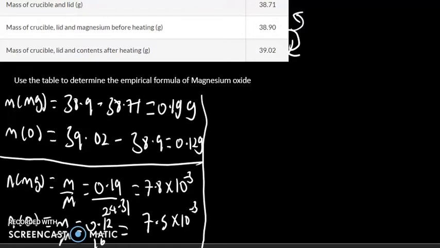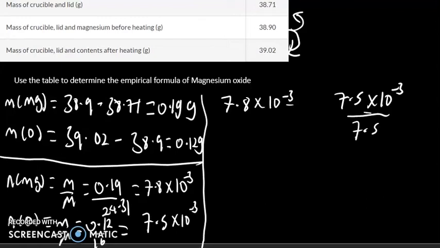And for the next step, you divide both by the smallest to get the simplest whole number ratio, so that would be 7.8 times 10 to the power minus 3 and 7.5 times 10 to the power minus 3. This is obviously smaller than this, so you divide both by 7.5 times 10 to the power minus 3.